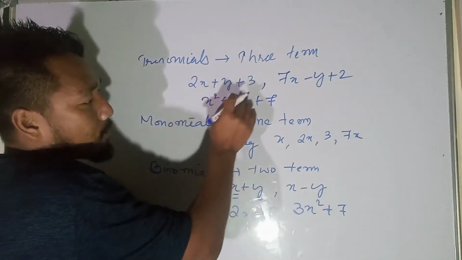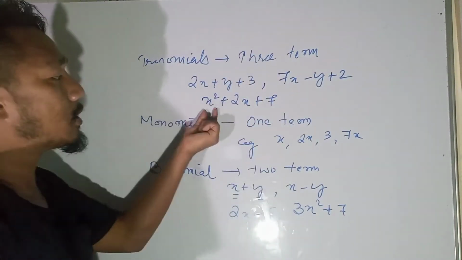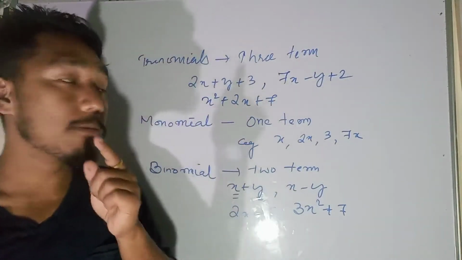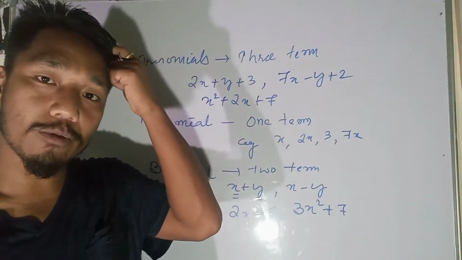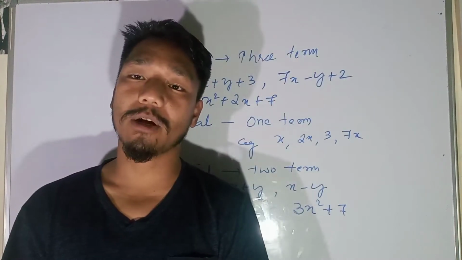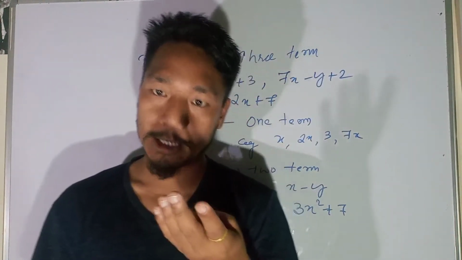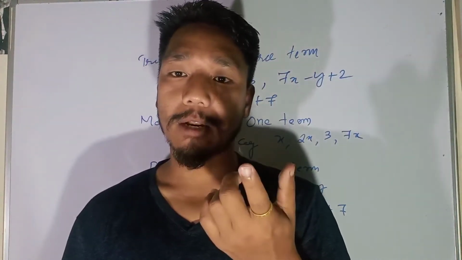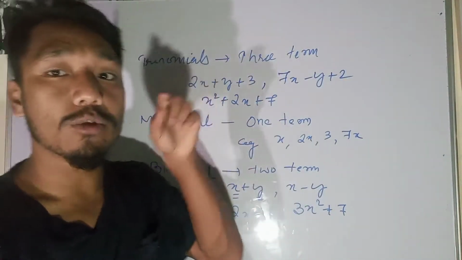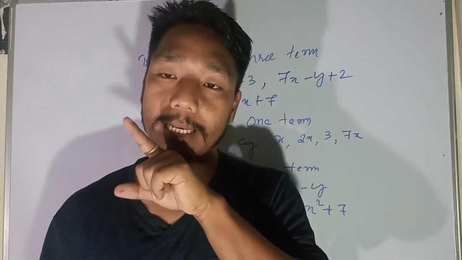So all these terms are separated by either plus or minus. If the terms are separated by addition or subtraction only, then we can consider them as binomial, trinomial and monomial. We cannot consider it if the term is separated by multiplication. You see, 2x means 2 into x. We cannot say this is a binomial.